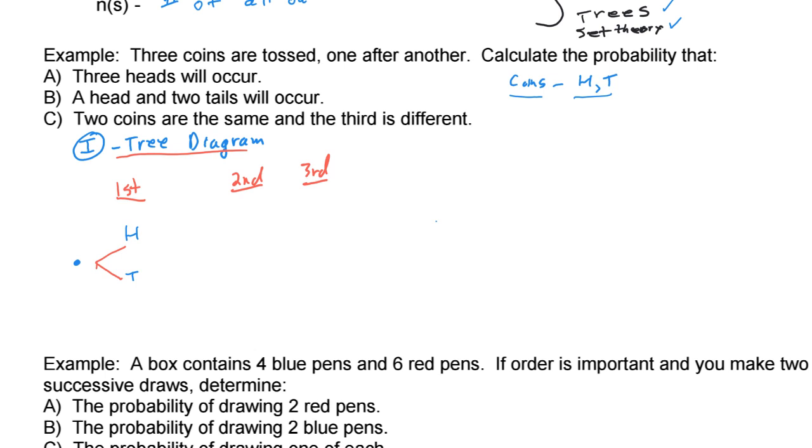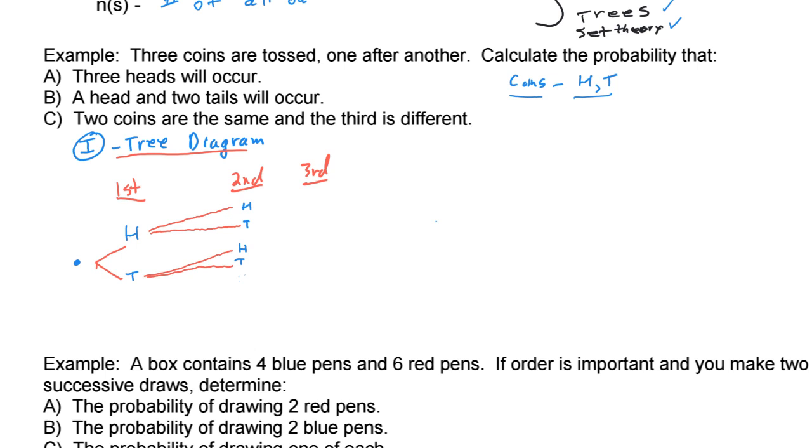So there's going to be 4 possibilities. After you flip the first head, you have a choice of either going to a head or a tail for the second one. But then if you hit a tail, you have another choice of hitting a head or a tail for the second flip.